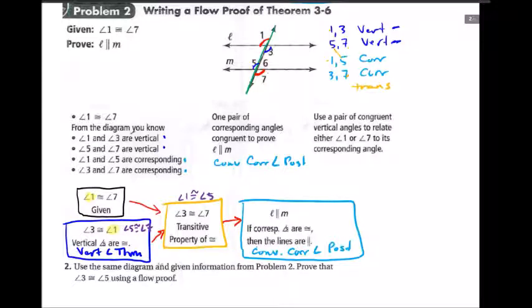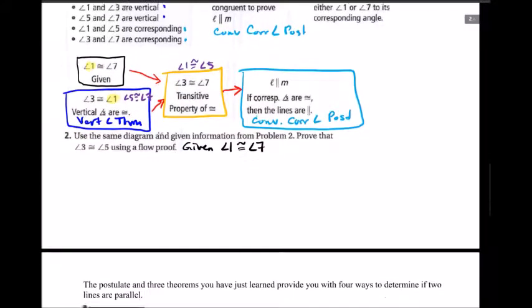All right, the next problem says use the same diagram and given information to prove that angle 3 is congruent to angle 5. So I am going to help you get started here. The first thing you need to do is to redraw your diagram. And what are we given from up above? We are given that angle 1 is congruent to angle 7.